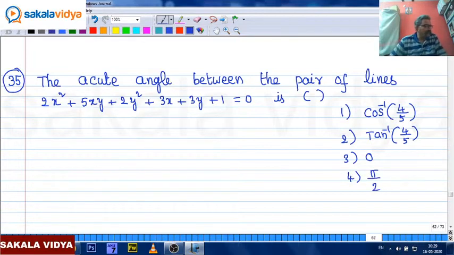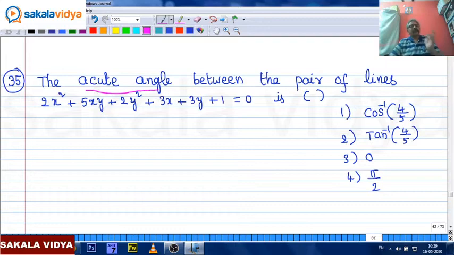Yes, 35th question. So that means now, the acute angle between this pair of lines: 2x square plus 5xy plus 2y square plus 3x plus 3y plus 1 is equal to 0 is parallel to 2x square plus 5xy plus 2y square is equal to 0.